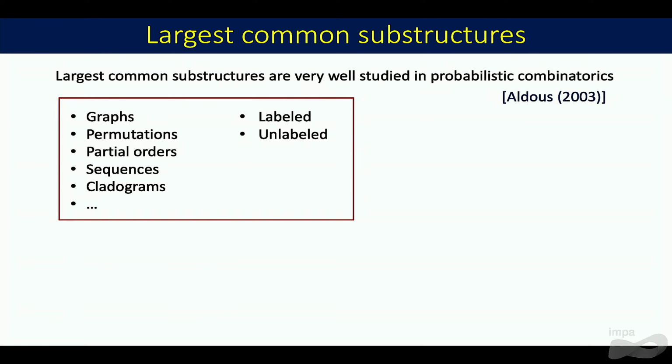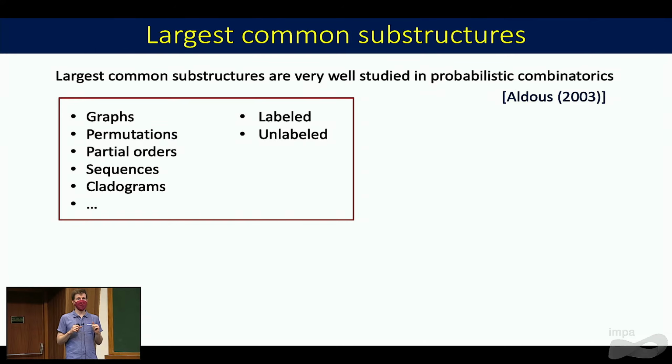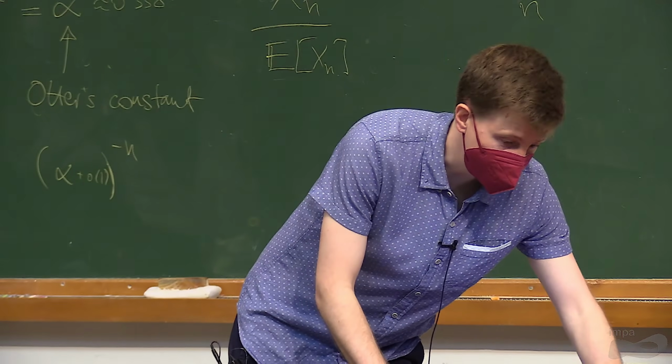This could be a graph or a permutation or a partial order or a sequence or a cladogram. Your favorite combinatorial structure: pick two of them, maybe randomly according to some distribution, and look at the largest common substructure that they induce. And here, depending on the situation, these could be labeled or unlabeled, and both could be interesting.